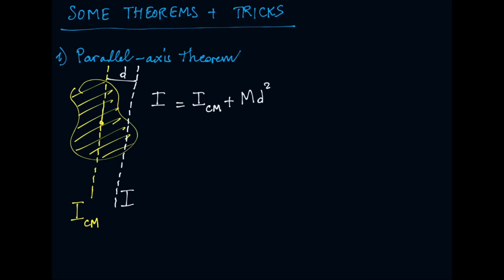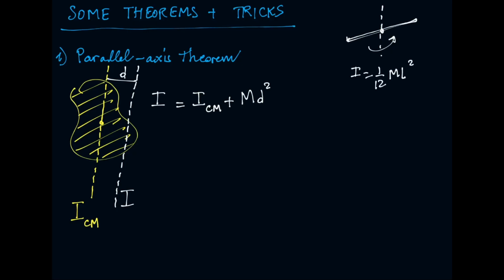All right? So, for example, on the previous page, you learned that twirling a drumstick around its center of mass, the moment of inertia was 1/12 m length squared.